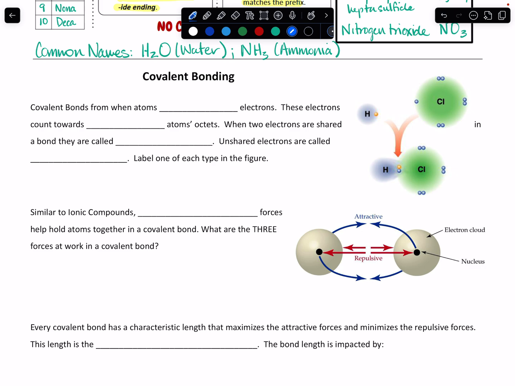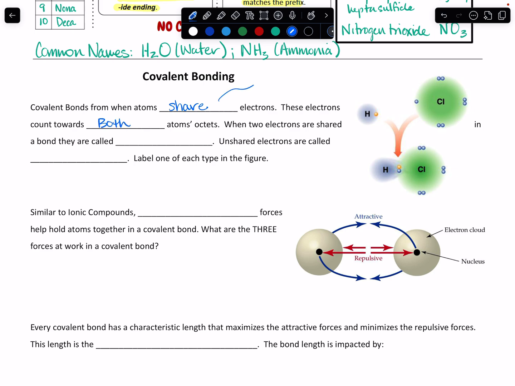But before we can even worry about Lewis dot structures for covalent bonding, we need to make sure we understand what covalent bonding is. So this is going to be pretty quick. Now remember, covalent bonds form when atoms share their electrons, and these electrons count toward both atoms' octets.